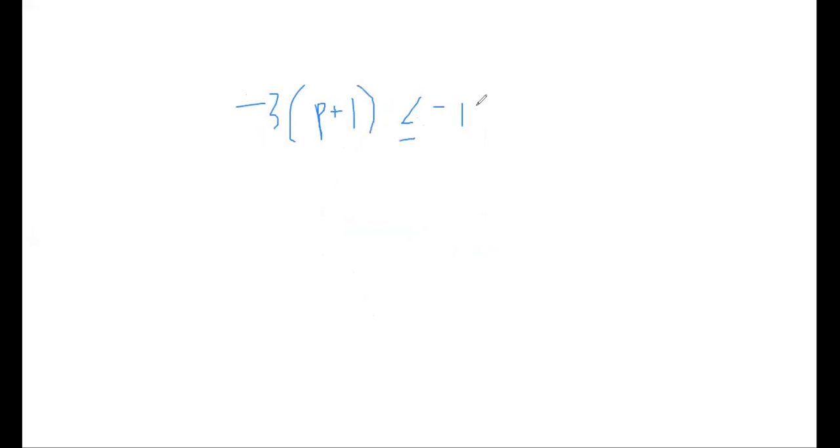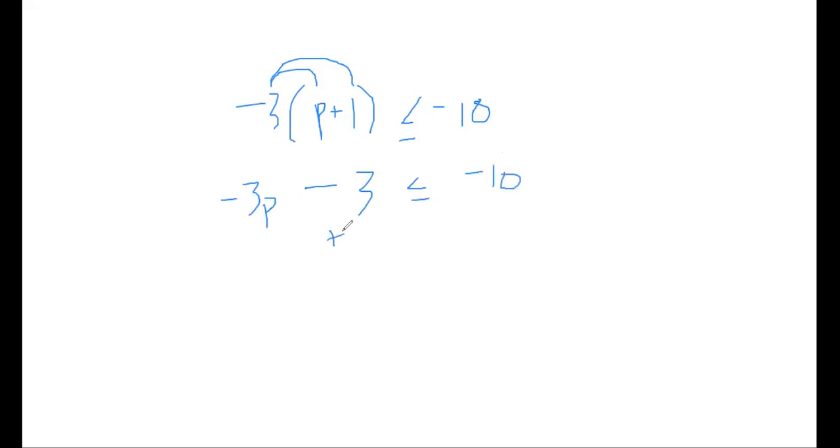And we're still following PEMDAS. So I can't solve the parentheses necessarily first, but I can do a simplification by applying that -3 against each of those terms. I get -3p minus 3 less than or equal to -18.